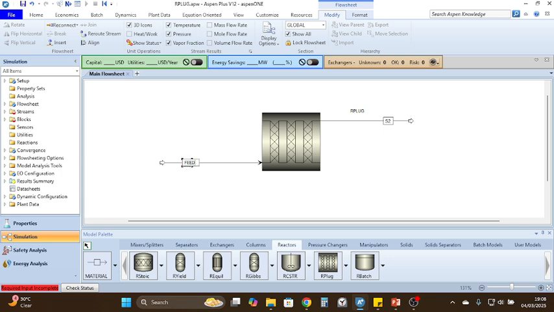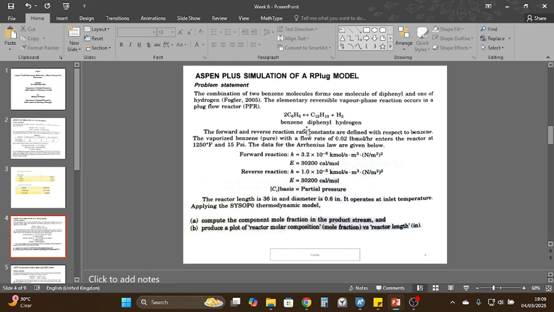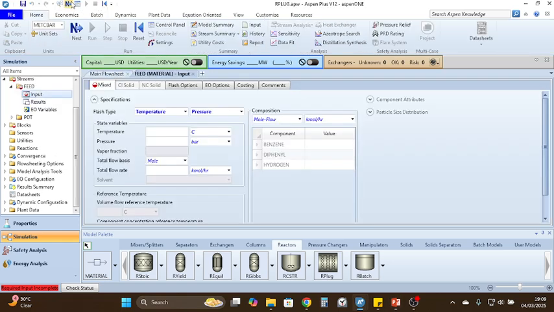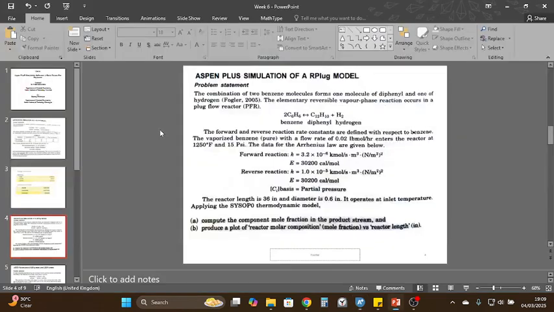So this is feed and this is product. Now in feed we have pure benzene. Okay. So if we click on next, you can see over here that the feed stream is highlighted.